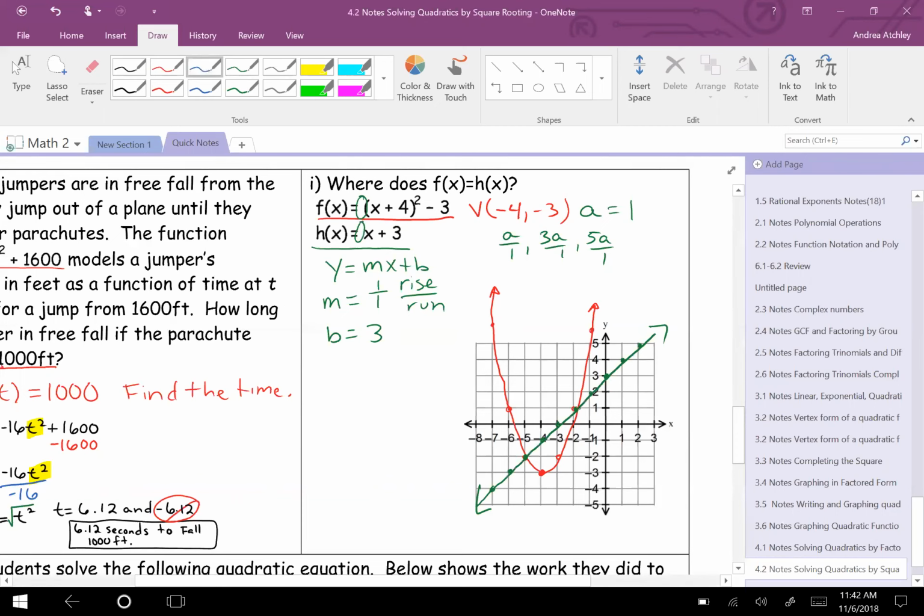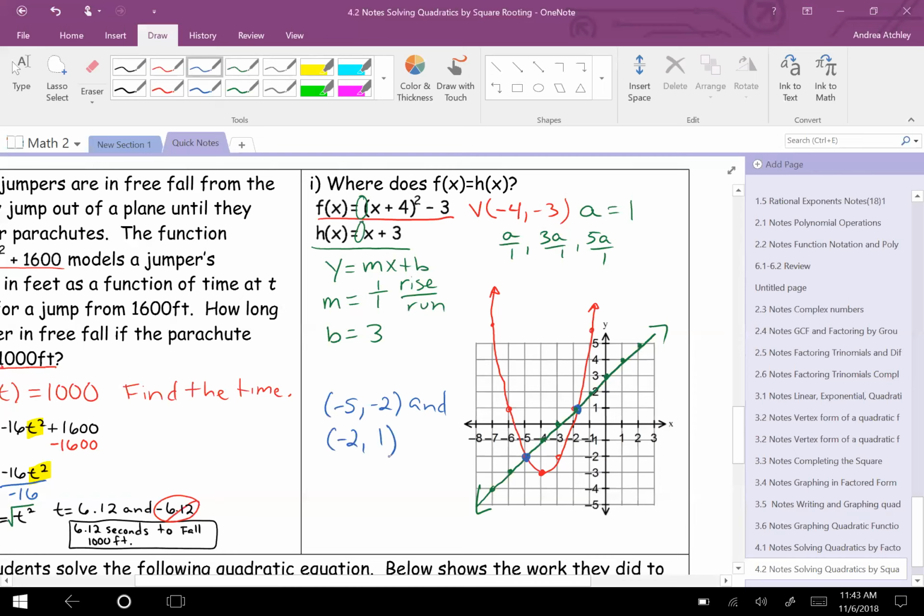And we want to identify where the line and the parabola intersect. So this point is at negative 5 for x and negative 2 for y, and then at negative 2 for x and 1 for y.